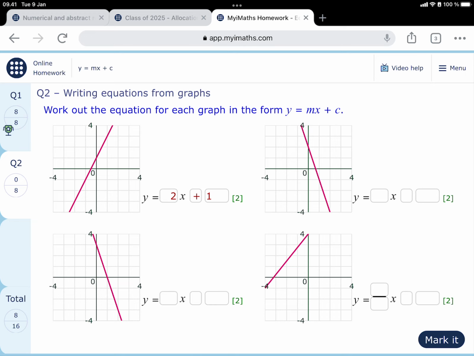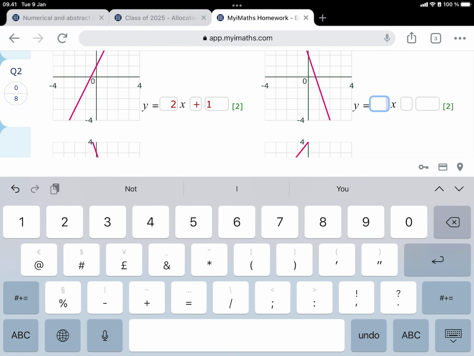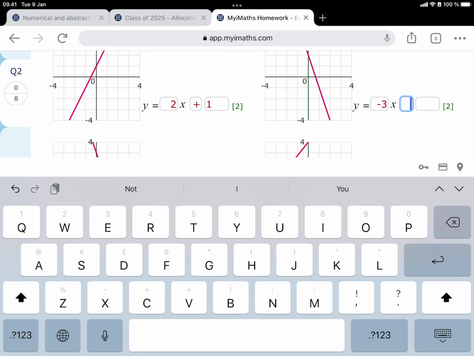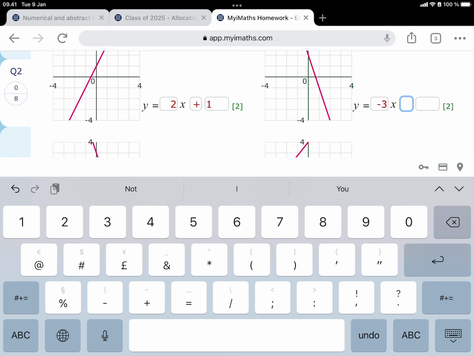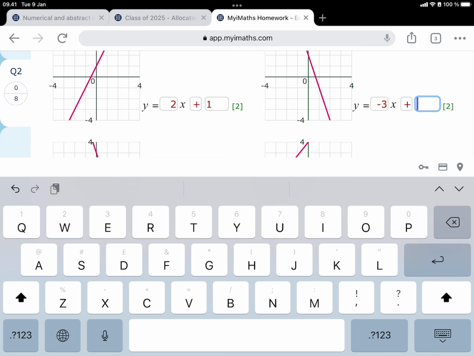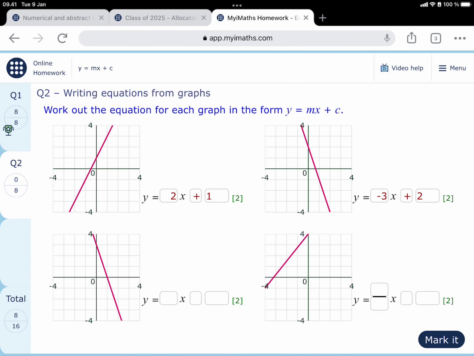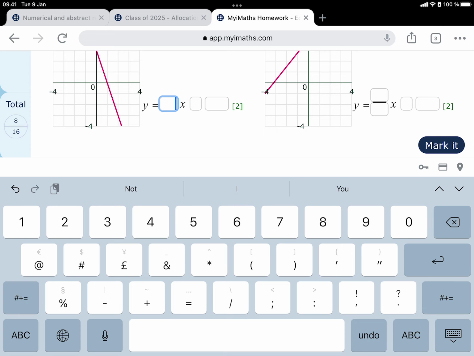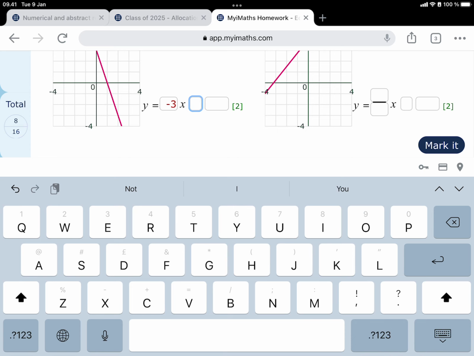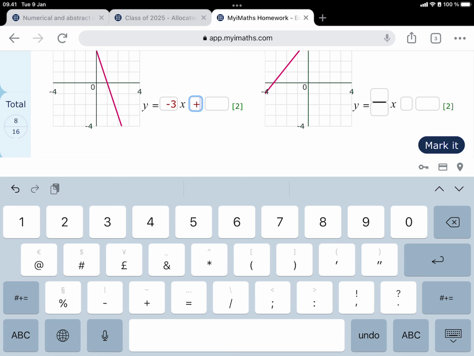The second one, cutting at 2 and gradient of -3, so y equals -3x plus, did I say cutting at 1? Cutting at 2, I meant cutting at 2. Y equals -3x plus 2. The third one, cutting at 3 and a gradient of -3, so y equals -3x plus 3.